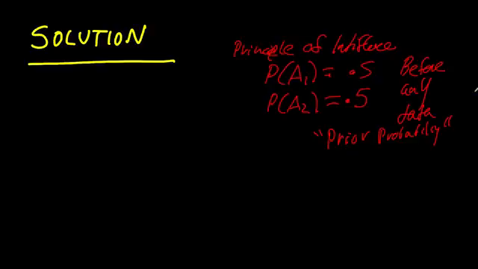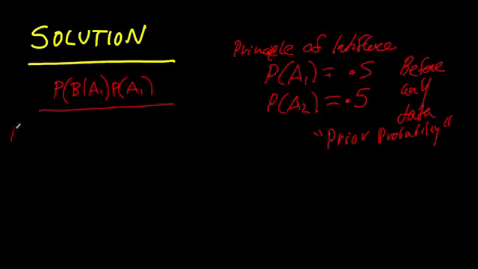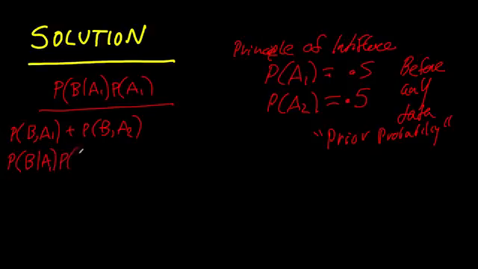Okay? So we're going to look at probability of B given A1 times probability of A1 divided by probability of B, which is going to be equal to probability of B A1 plus probability of B A2 by the sum rule, which by the product rule is going to be equal to probability of B given A1 times probability of A1 plus probability of B given A2 times probability of A2, right?